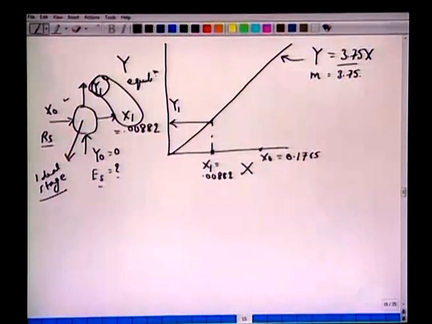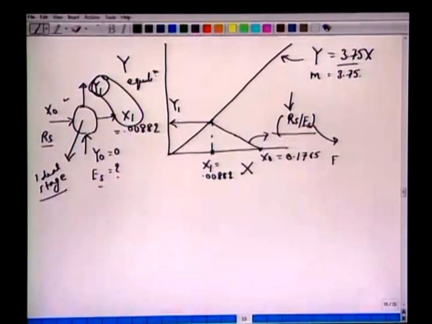If you connect y1 and x0, we will get a slope, and this slope is nothing but, if you recall, Rs over Es. So, graphically it is sometimes easier to solve. You take x1, you know the equilibrium curve, you mark this point, connect this, and we have Rs by Es. Once we know the slope, and Rs is known, we obtain Es same as before.